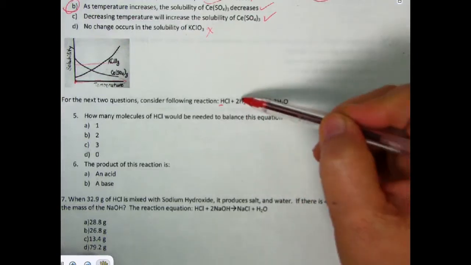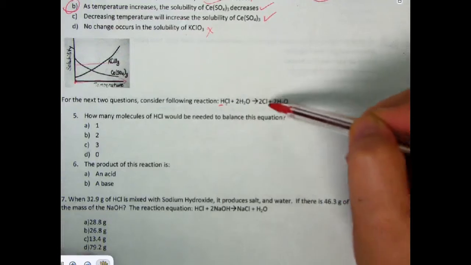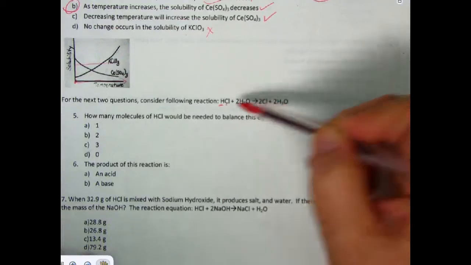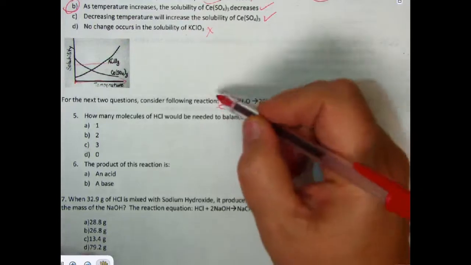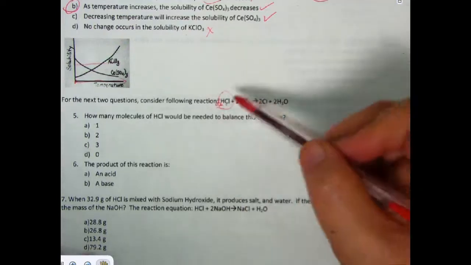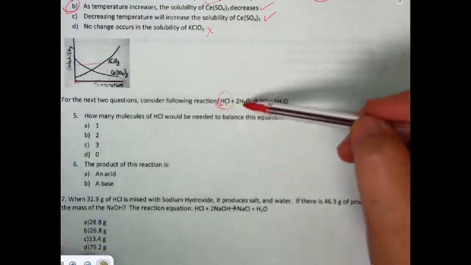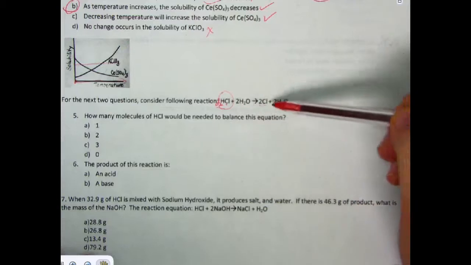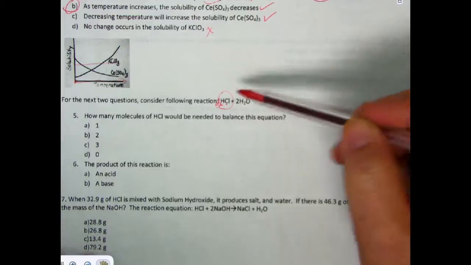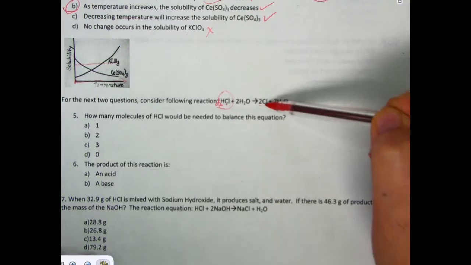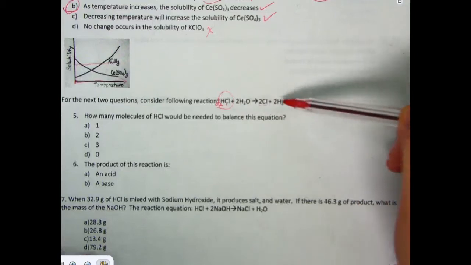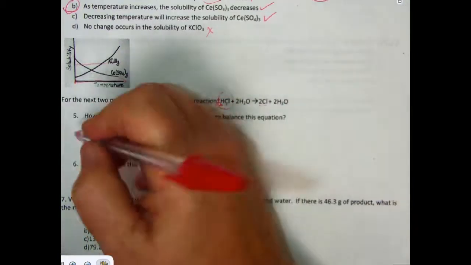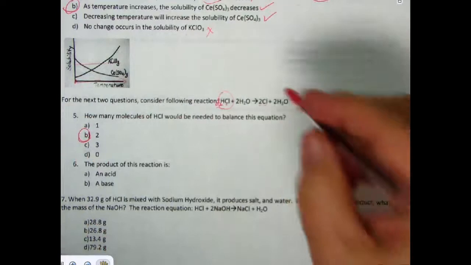If we look over here, we have 1 chlorine. Over here we have 2 chlorines. So this is the one that we're going to have to alter. If I just multiply this by 2, I'll get 6 hydrogens, 6 hydrogens. So that's good. I have 2 chlorines, 2 chlorines, 2 oxygens, and 2 oxygens. So I'm good. It would be B, 2.